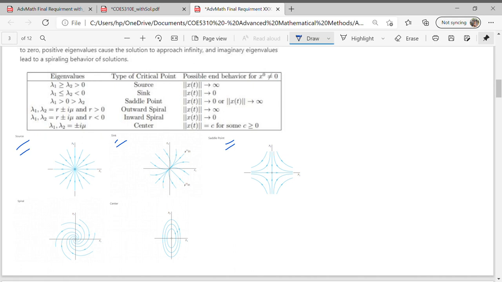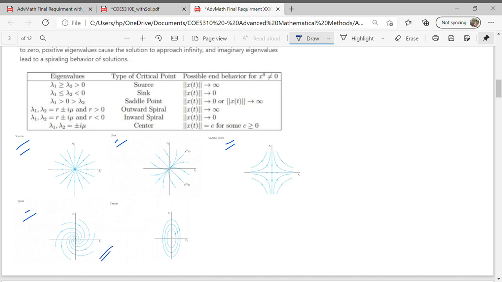We call it a spiral, outward or inward, when we get eigenvalues that are complex numbers. When the real part is greater than 0, it is an outward spiral. When less than 0, it is an inward spiral, like in this example.